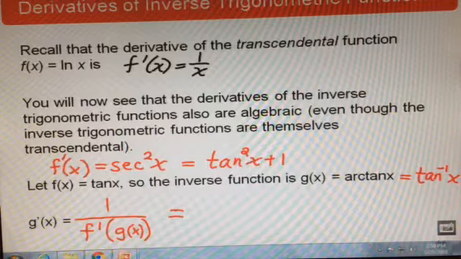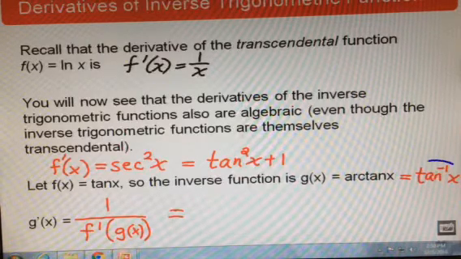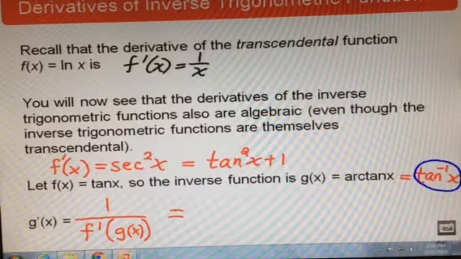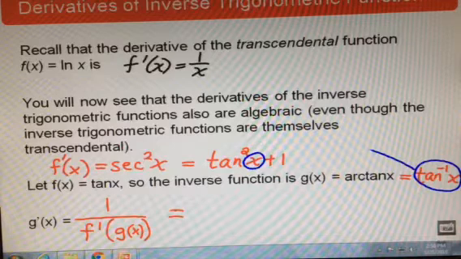So if this is the derivative, to find f prime of the inverse, or g of x, we are going to substitute the inverse into this function right here.